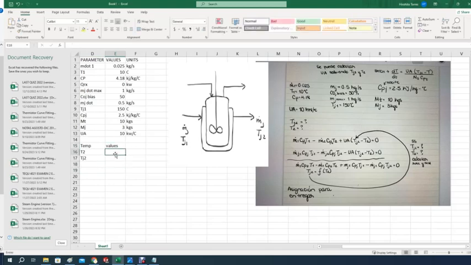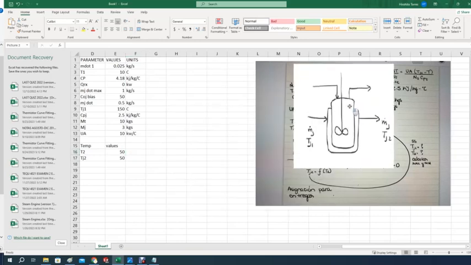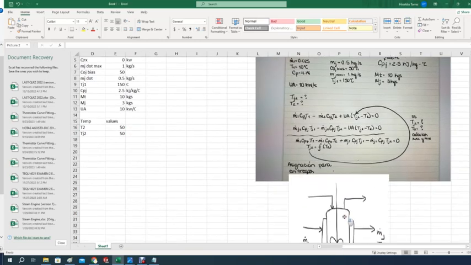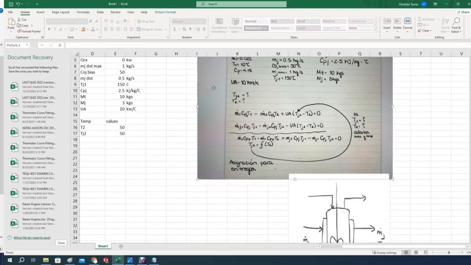I can set them both equal to 50 degrees, whatever. I'm not pushing them to be anything at the initial time, but here we go. So we're gonna make these two equations so that we are able to solve them with Solver. So let me put it here so I can see this better.